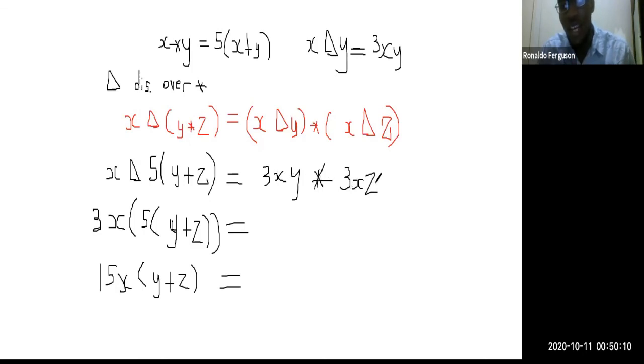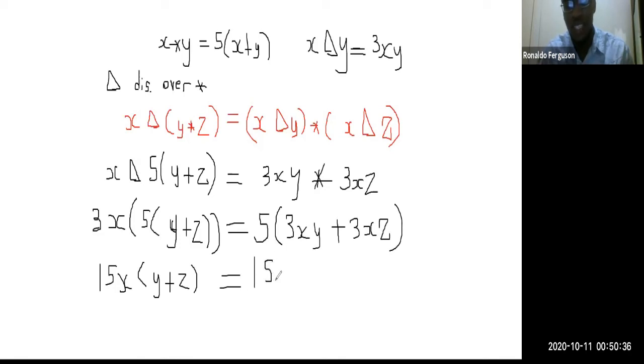So now we need to work out 3xy star 3xz. The result is going to be 5 times the first one, 3xy, plus the second one, 3xz. So 5 times 3xy plus 3xz is equal to 5 times 3, that is 15xy plus 15xz.